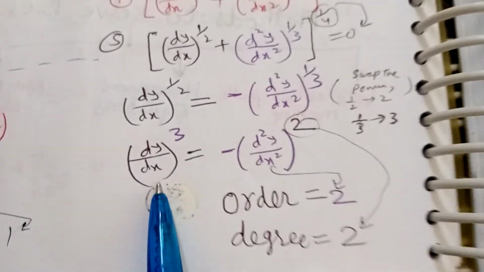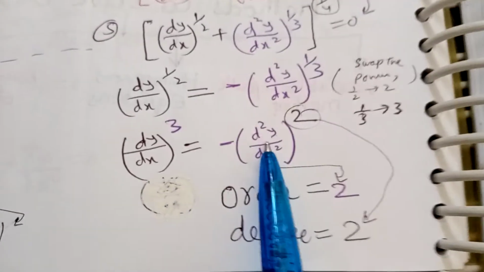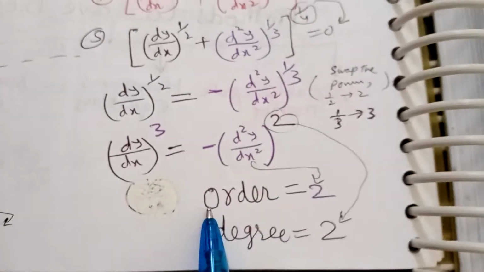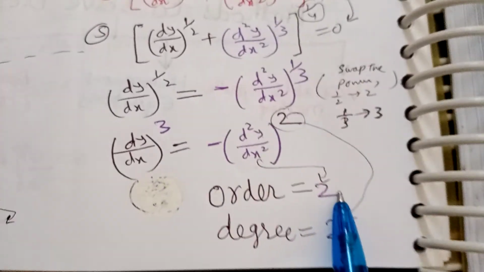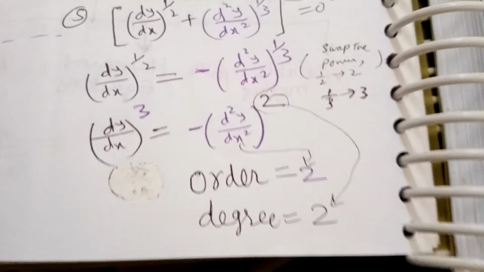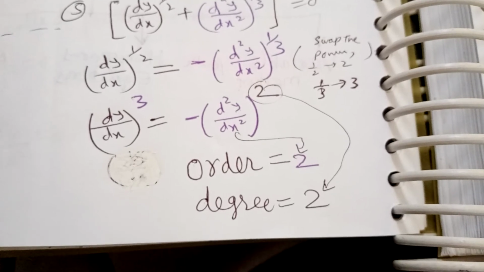Now see, this is dy/dx and this is d²y/dx². So this is the highest derivative. So order is 2, second order derivative, degree is 2 as the power is 2. Order 2 and degree 2.